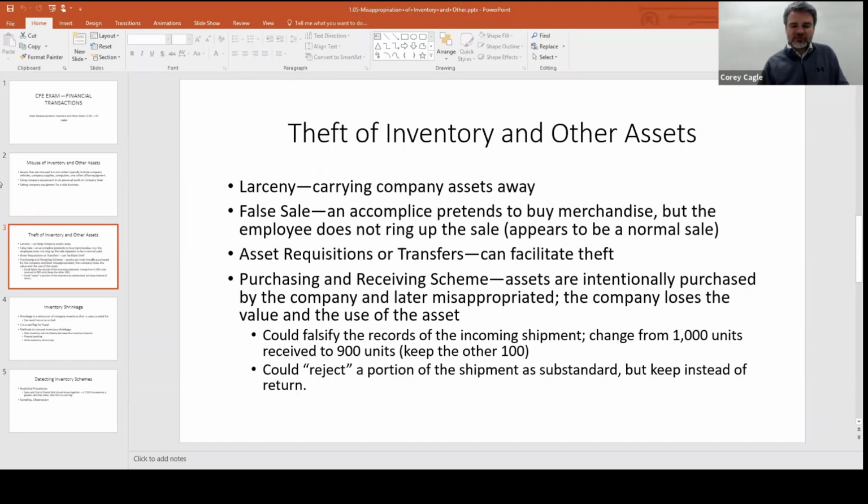You can falsify records of a shipment, change it to 900 units, keep the other 100, send accounts payable an invoice that says 1,000, they'll pay it, keep the 900 unit one in inventory or in the receiving room or whatever, and everything appears fine, right? You could reject some of the shipment as no good and just keep it instead of returning it. It's like, I'm sending this back and then sending it to yourself, right?